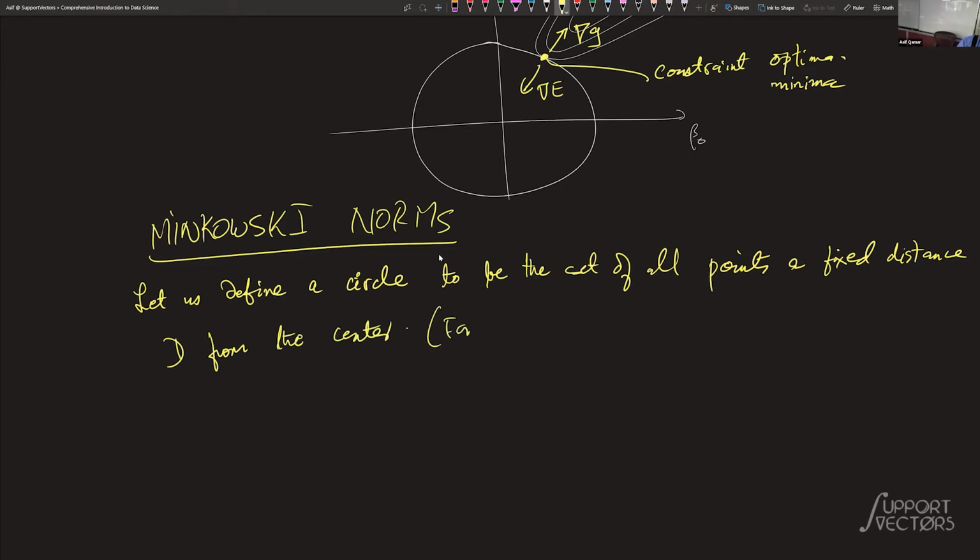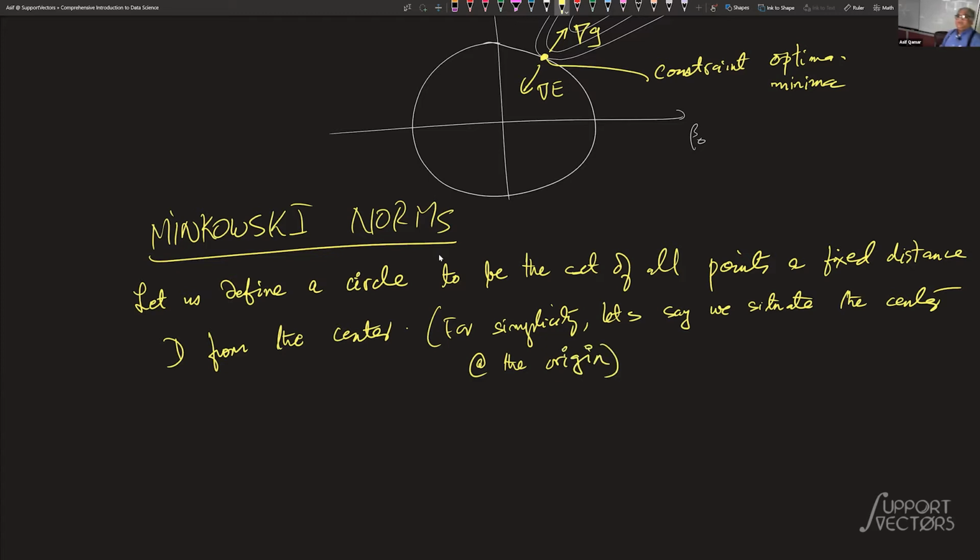For simplicity, let's take the center to be the origin. Let's say we situate the center at the origin. So ponder over it. Does this agree with your intuition of a circle? It is the set of all points which are at the same distance from the center, right? We would say that.